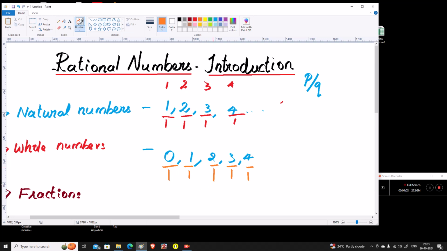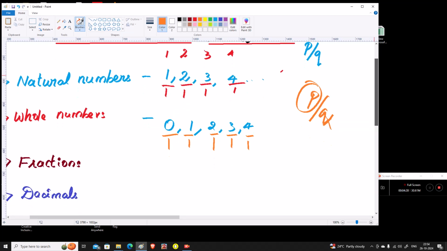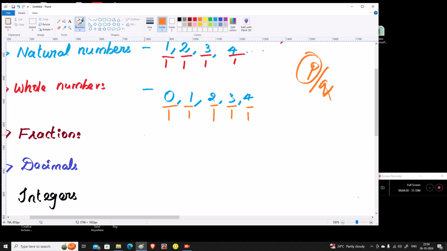When you observe here, the 0 is not in a denominator, it's in a numerator. So in p by q, p can be 0, but q should not be 0. So according to that, we have written the whole numbers. All the whole numbers also can be written in the form 0 by 1, 2 by 1, 3 by 1, like that.